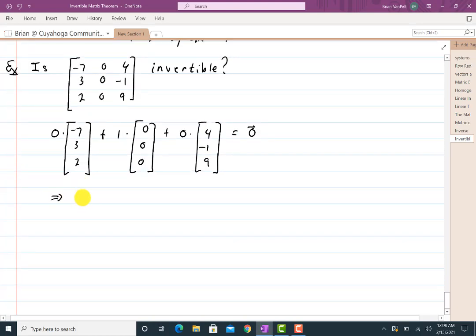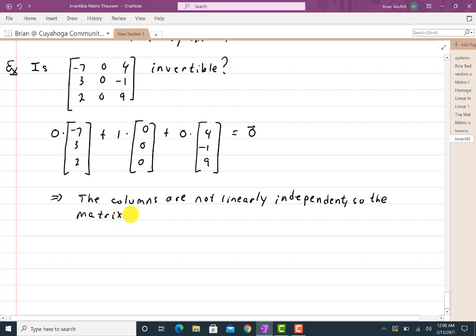This implies that the columns are not linearly independent. So the matrix is not invertible by the invertible matrix theorem.